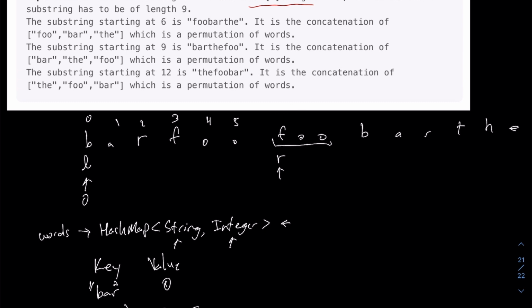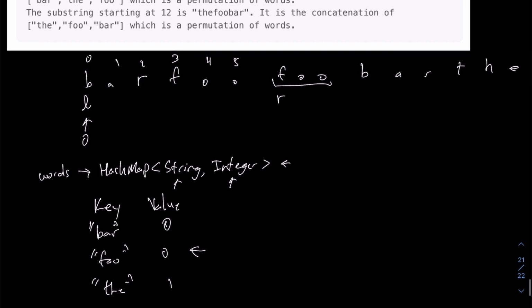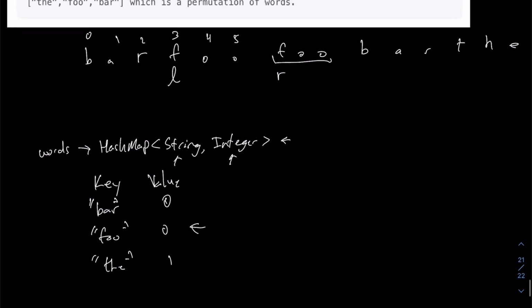Otherwise, there's no point in continuing searching down this way. So once we see that foo is no longer in our map, we can iterate L up, because we know there will be no answer where the starting index is at 0. So now, instead of incrementing up to 1, we increment up to 3. So now L is up at foo. And when we increment L, we have to be careful, and make sure that we're now looking at this sequence right here.